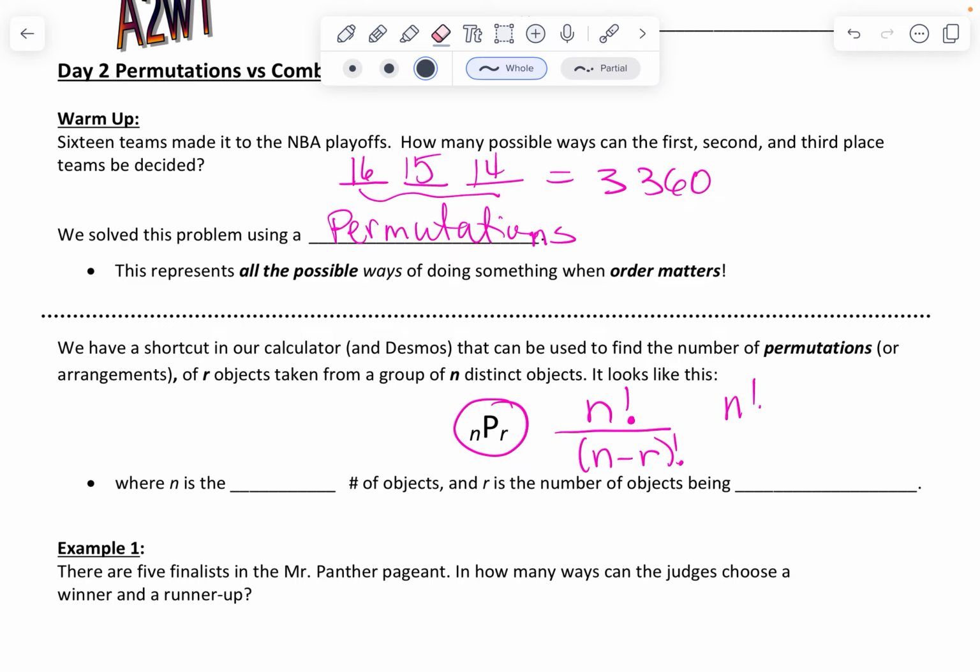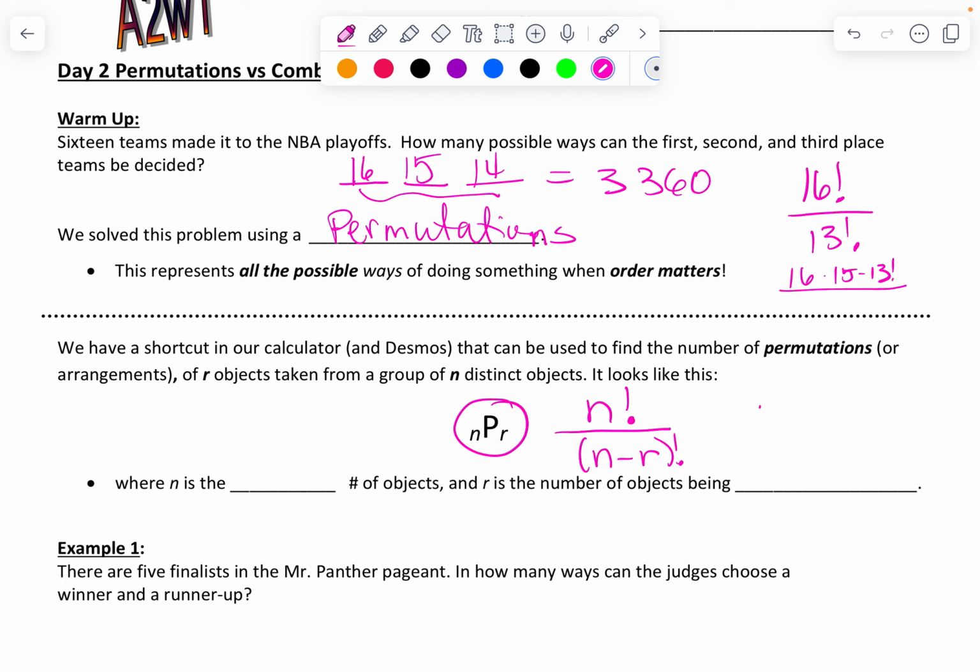So if we looked at the problem we just did, it really did 16 factorial divided by 16 minus 3, or 13 factorial. And if you think about what that does, it's going to take 13 factorial, if I write that out, and a 14 in there, and the 13 factorial, and it's going to take all of those and reduce them all the way down, so you're only left with those 3.